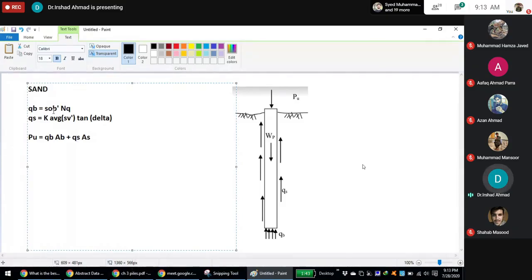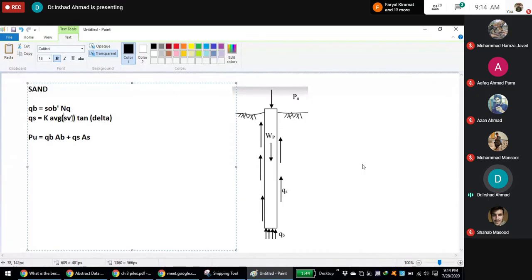Here you can see both QB and QS increase with effective overburden pressure, right? As the depth increases, effective vertical stresses would increase, and QB and QS would increase. But experimental results show that vertical effective stress around the pile does not increase indefinitely with depth.